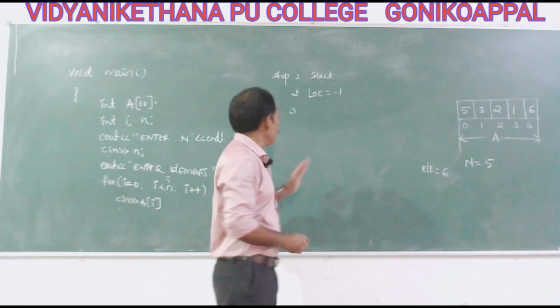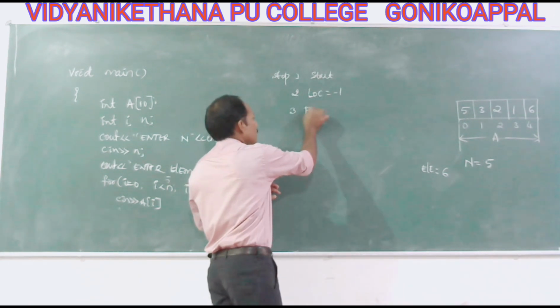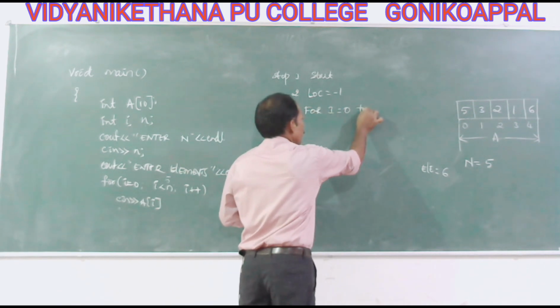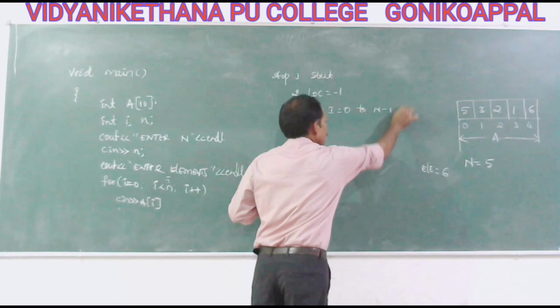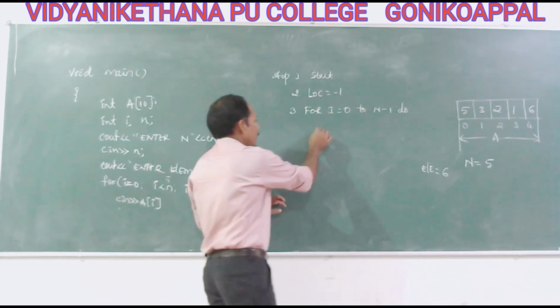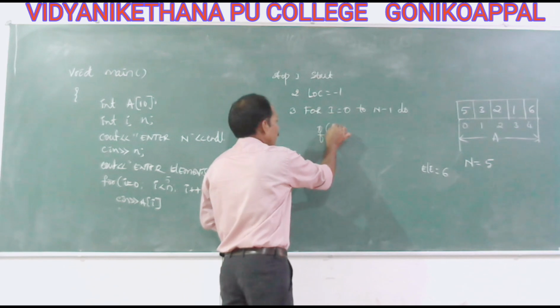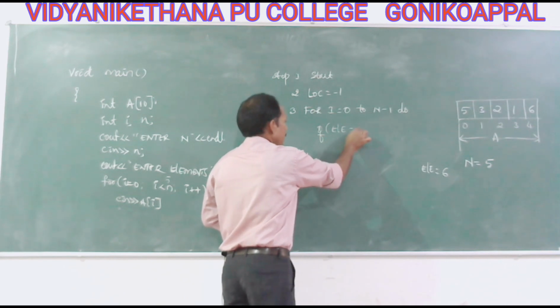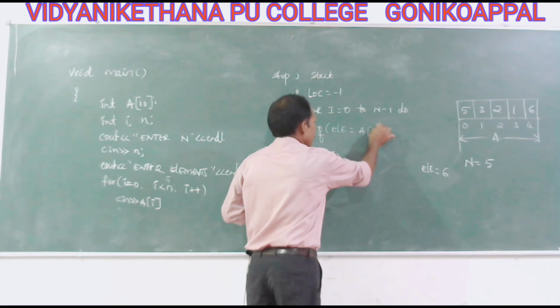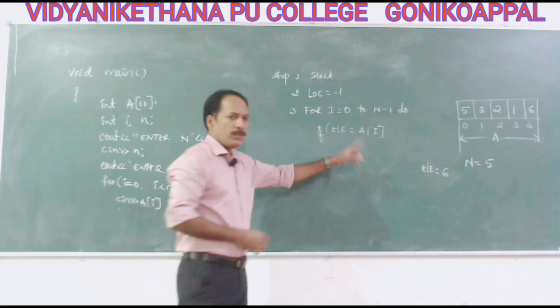Let us do it now. Start from the first element, as I said, linear search: for I equals 0 to n minus 1, do the following steps, one by one. First, the element you are looking for, ELE, is compared against A of I. So I runs from 0 to n minus 1.